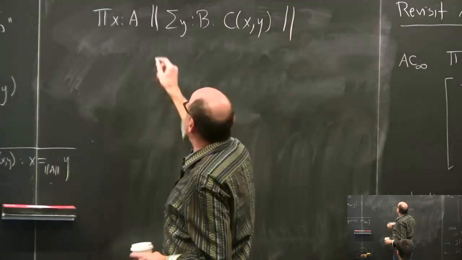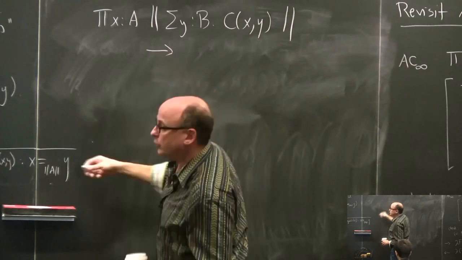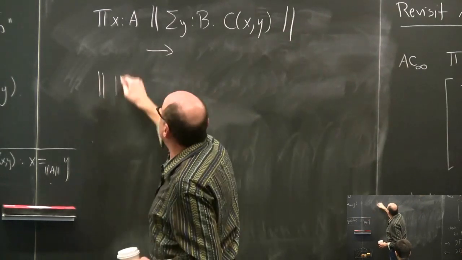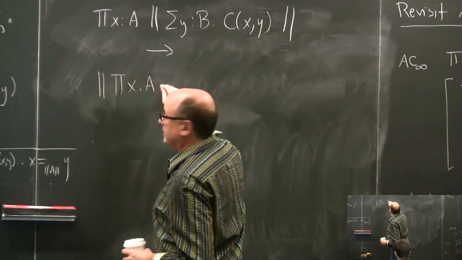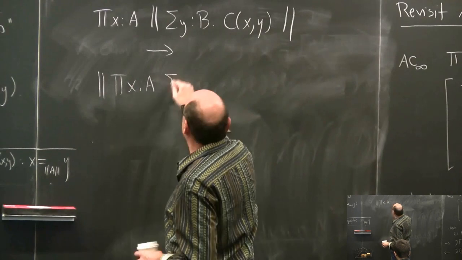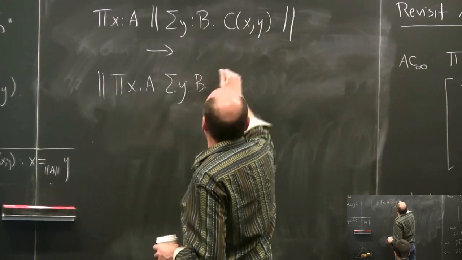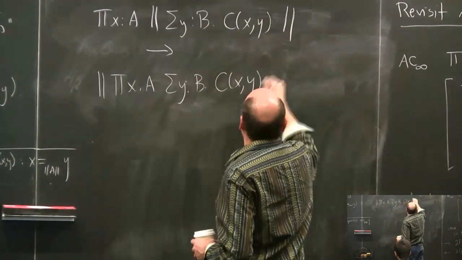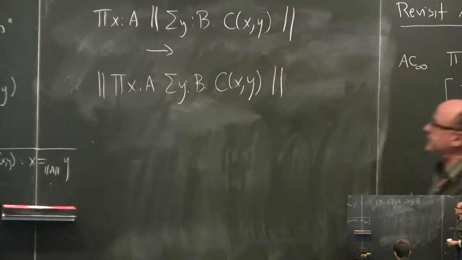We can restate that as this goes to, and now just write the same thing at the bottom, pi x in A, sigma y in B, C of xy. Okay, so that's restated.